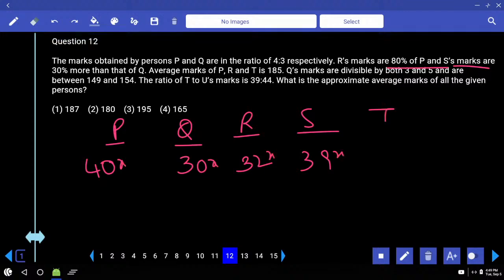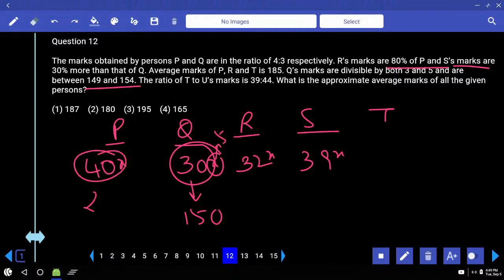Q's marks are divisible by both 3 and 5 and are between 149 and 154. Can you tell me a number which is divisible by 3 and 5 between 149 and 154? 150 obviously. So the value of Q must be 150. Therefore X must be 5, isn't it? If X is 5, this will be 200.